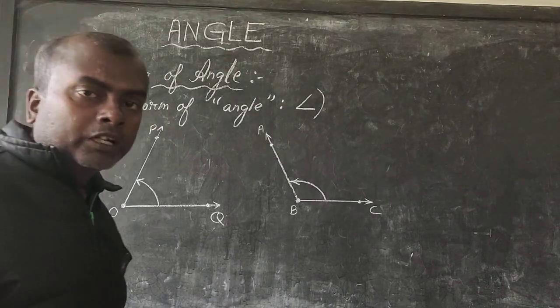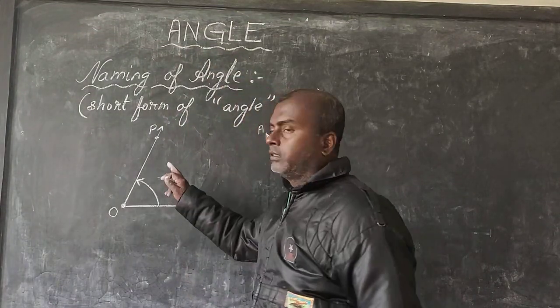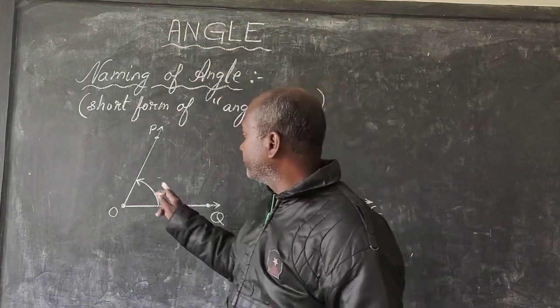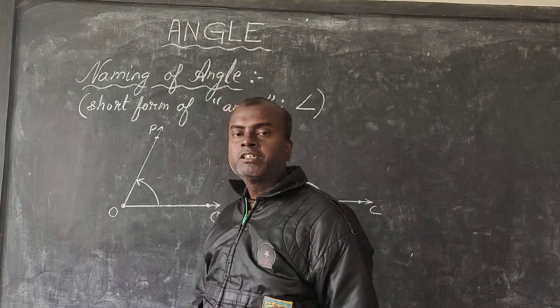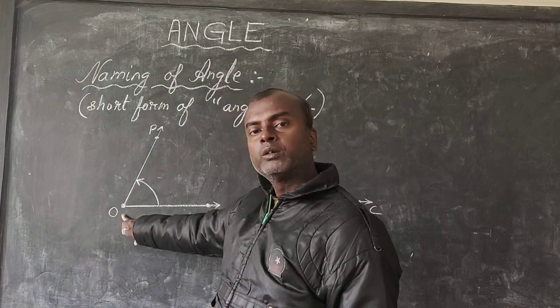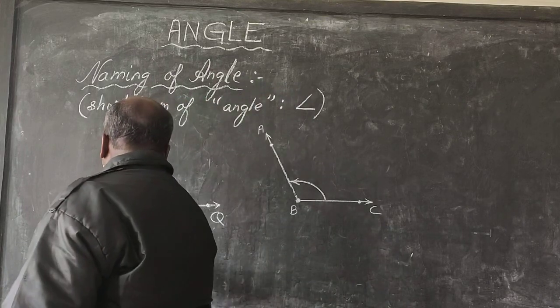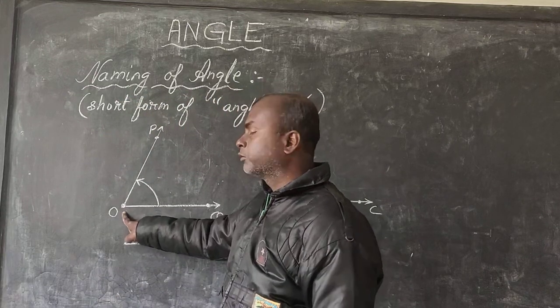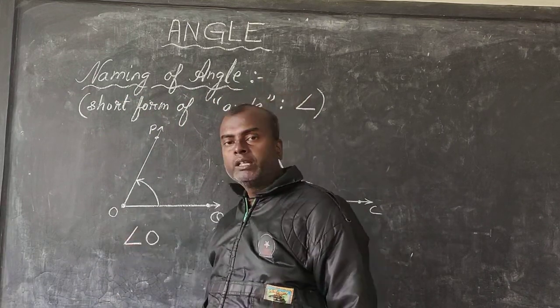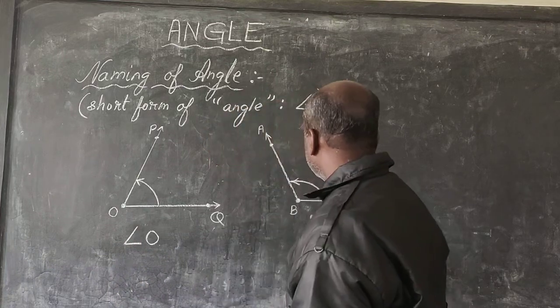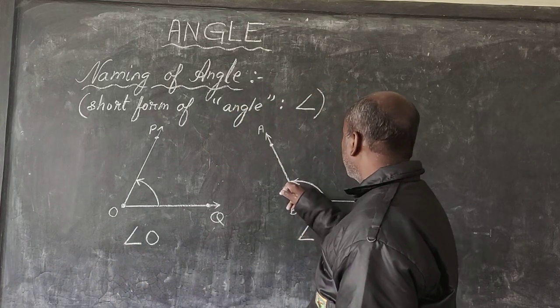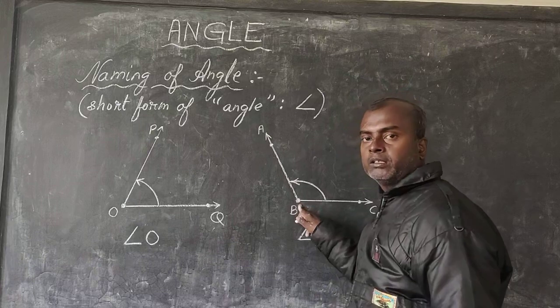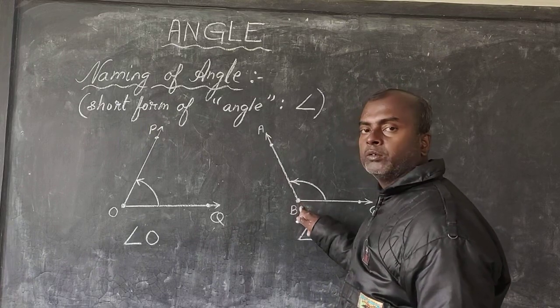Okay, in regards to naming an angle, the name of an angle also can be given by the name of the vertex. Here, what is the vertex? O. So I can give the name of this angle as angle O. O is the vertex. So name of the angle can be given with the name of the vertex of the angle. Similarly for this one also, name of the angle will be according to the name of the vertex.